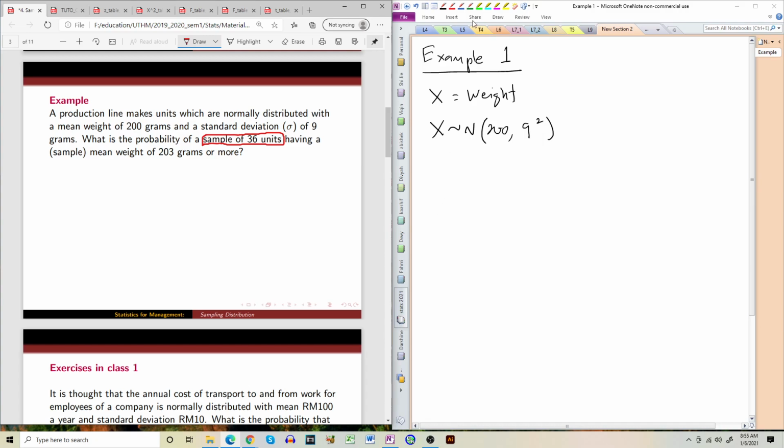Now let me recall what we have done in third chapter. Let's say weight is here and the mean is here. This is your mean and this is your standard deviation in variance term.